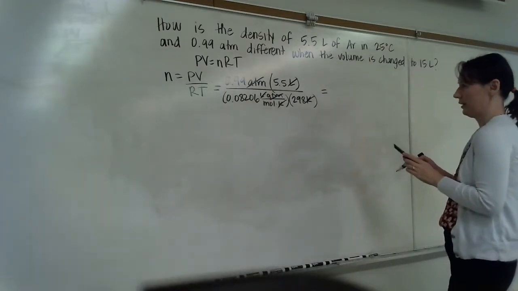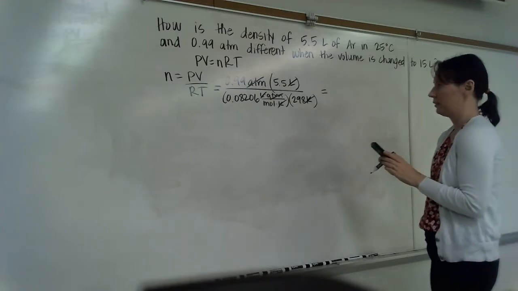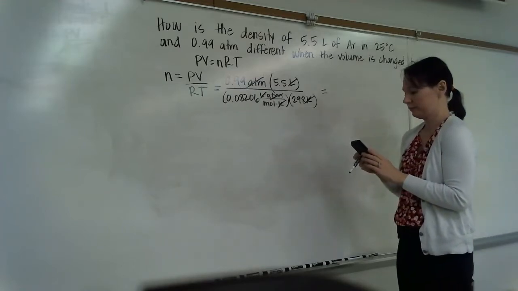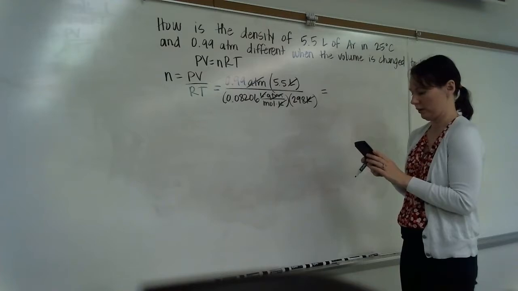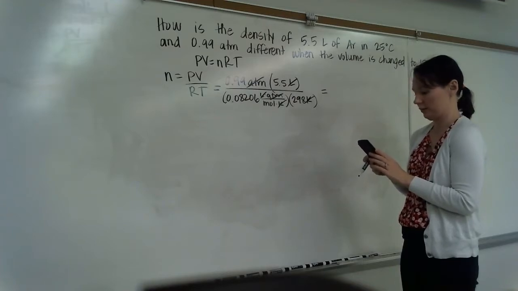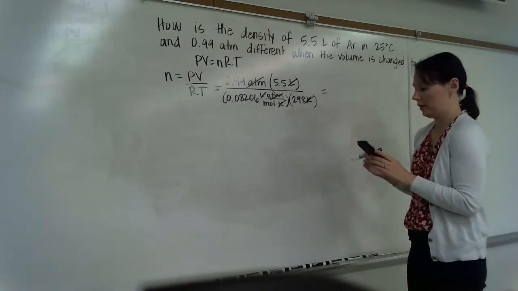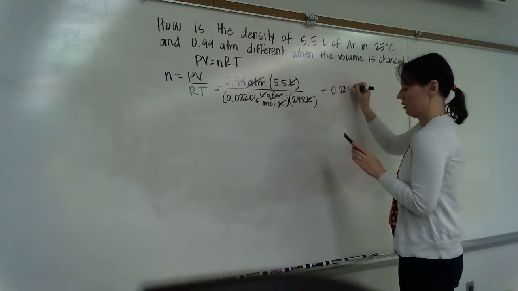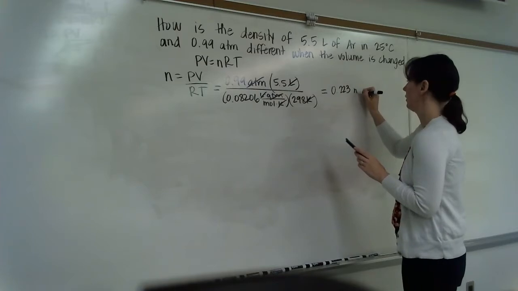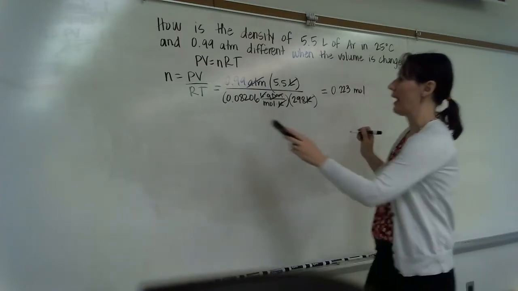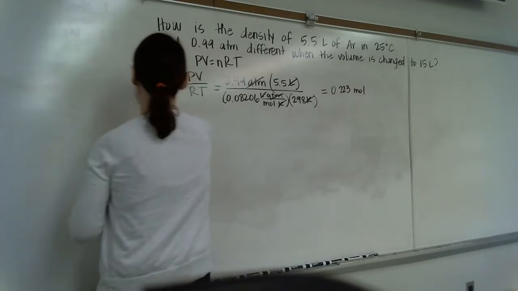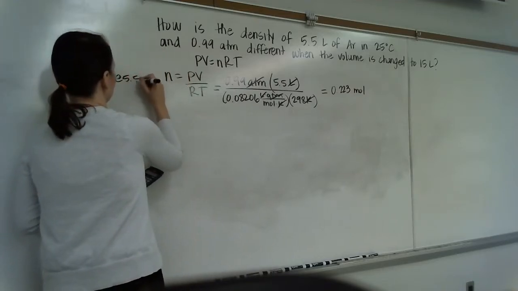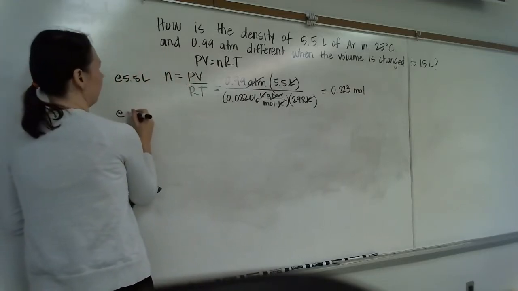So let's see, 0.99 times 5.5 divided by 0.08206 times 298. I got 0.223 moles. Now this is the 5.5 liters. All right, let's do it at 15 liters.